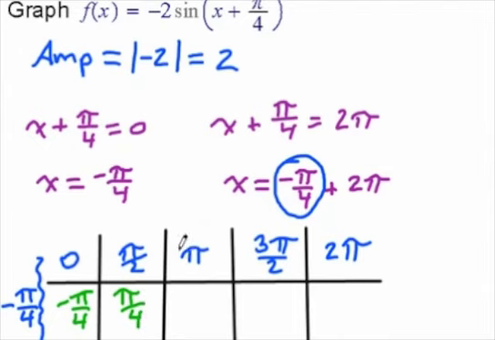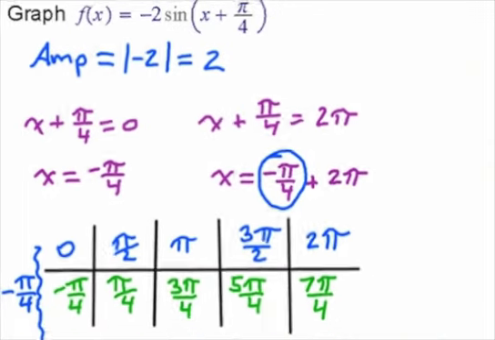Pi can be written as 4 pi over 4, so subtract one of them away, and you're left with 3 pi over 4. This one would be 6 pi over 4 minus pi over 4, which would be 5 pi over 4. And then finally 2 pi would be 8 pi over 4 minus 1, which would be 7 pi over 4. And there is a pattern here. This would be 1, 3, 5, 7. The next one would be 9 pi over 4, and so forth and so on.